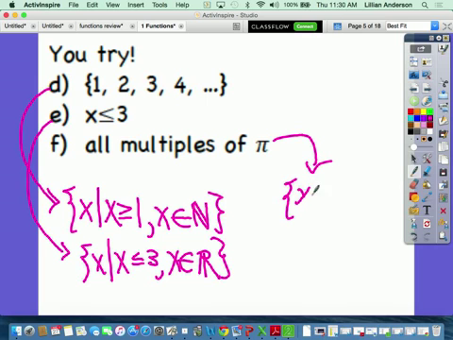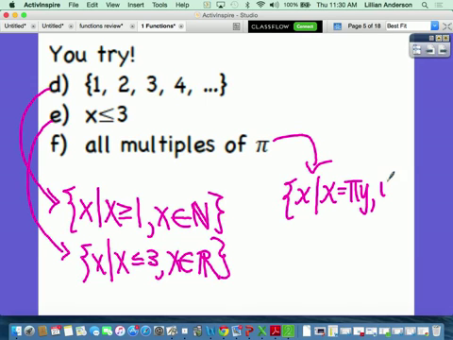Alright, X such that X is equal to pi Y, Y is the element of irrational. So Q, I, which one? I. Alright. Gotta be careful. What are my multiples of pi?